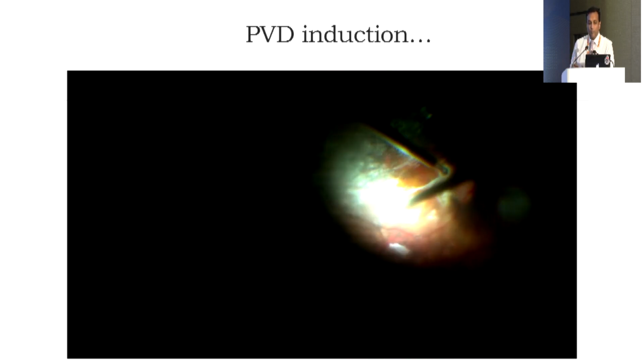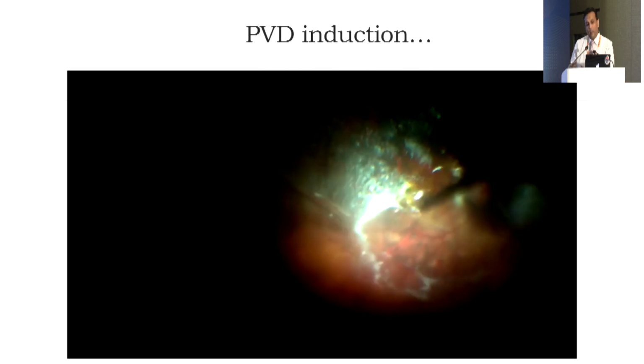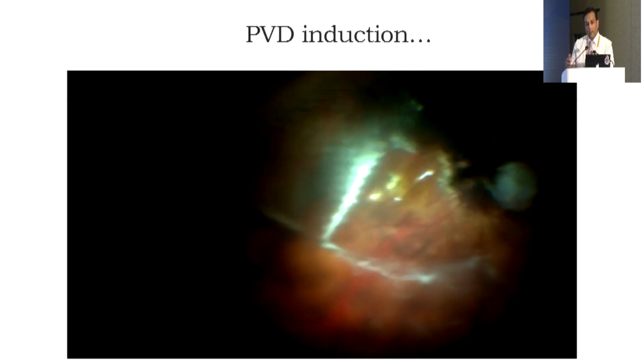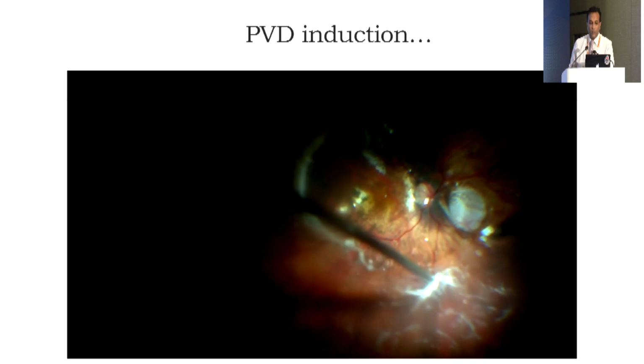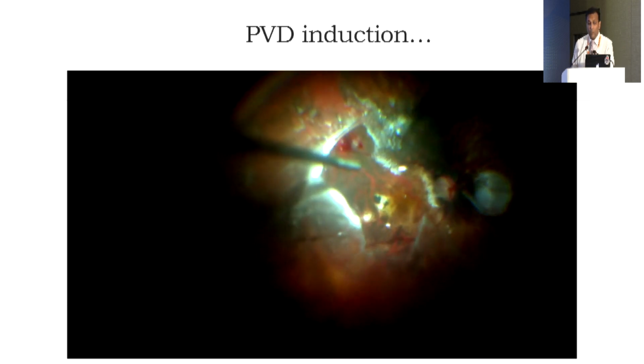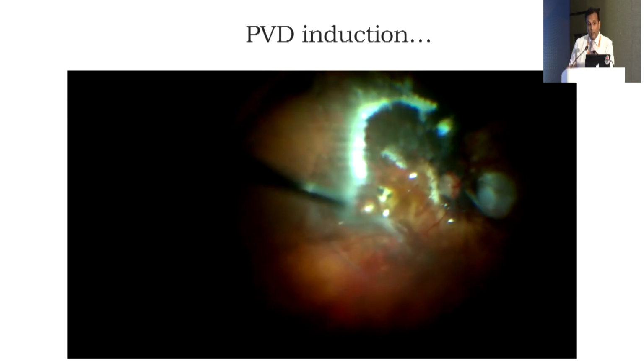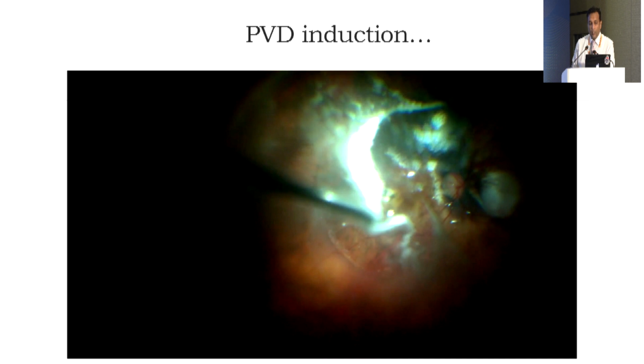You can inject more PFCL into the well you have made. Here I'm doing a bimanual technique, enlarging that cleavage plane with the blunt end of the endolight. We have used this technique a lot in pediatric cases also, and it works wonderfully well, because this hyaloid is very stuck to the retina and will not come out with a cutter.